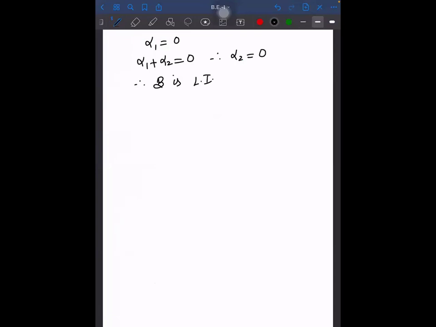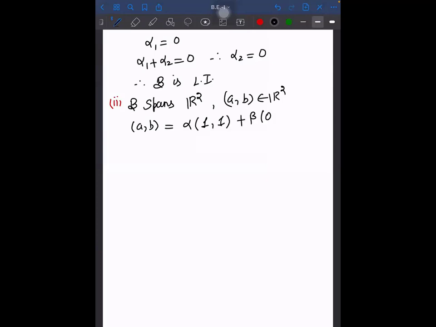So the next part is B spans R2. For this, we'll take any general vector. Let's say (a, b) belongs to R2. And let's say, if it is possible, (a, b) is equal to alpha times (1, 1) plus beta times (0, 1).